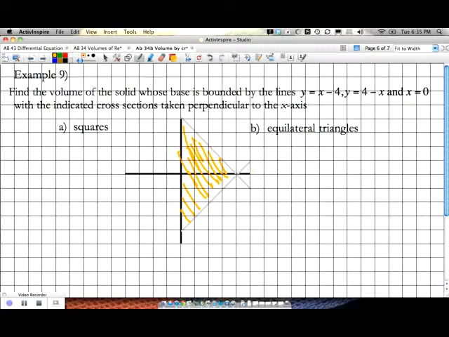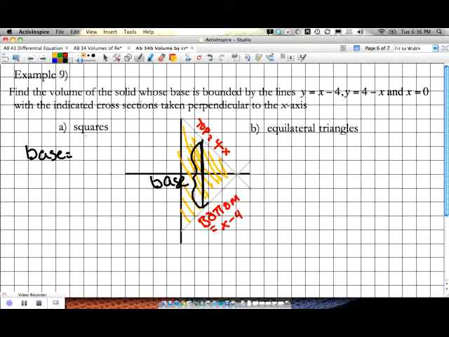Looking at that region, my base, again, is just that cross section from the top to the bottom. This is my base. So I need to figure out what that is. And my base is going to be top minus bottom. We'll call this the top. That's 4 minus x. And the bottom is equal to x minus 4.